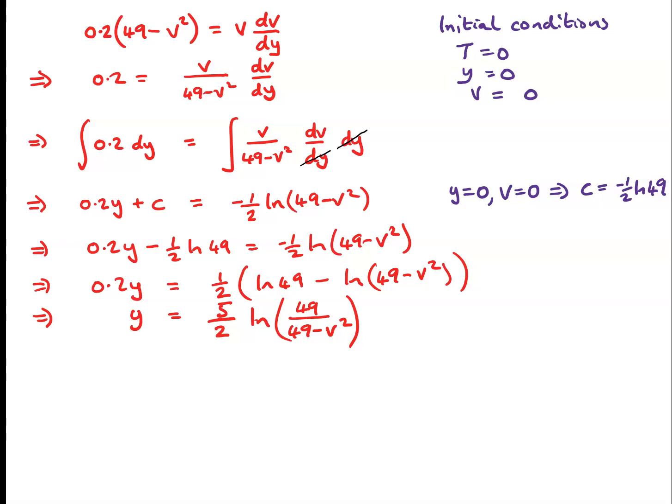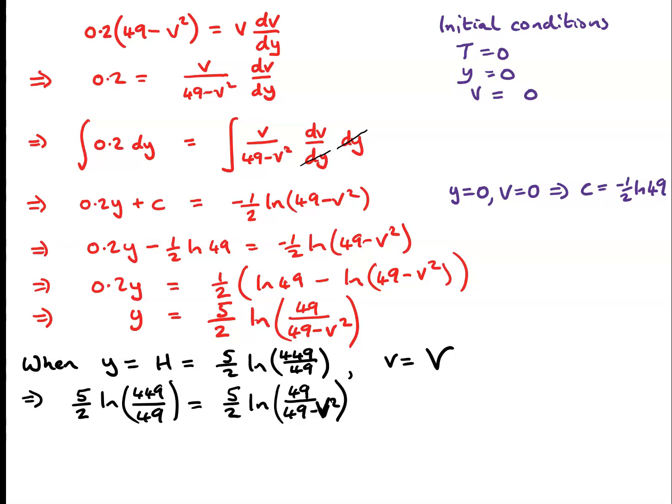Now what we're trying to do is find out the speed as the rocket hits the ground. So that's when the value of y is equal to the maximum height obtained by the rocket, which was 5 over 2 times the logarithm of 449 divided by 49.